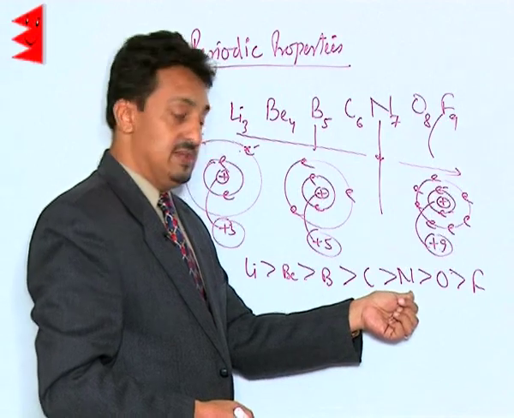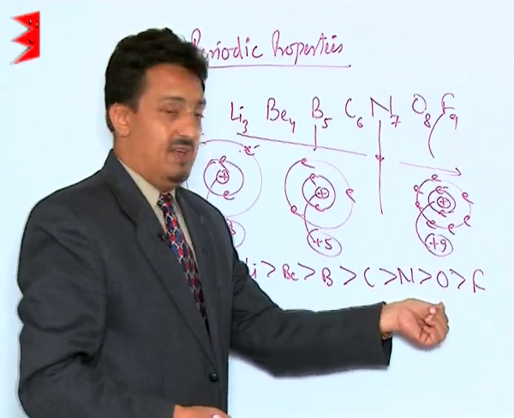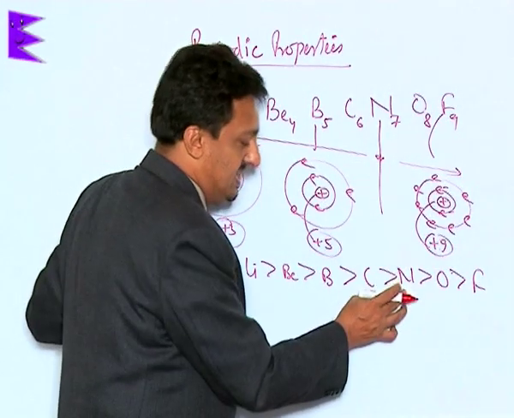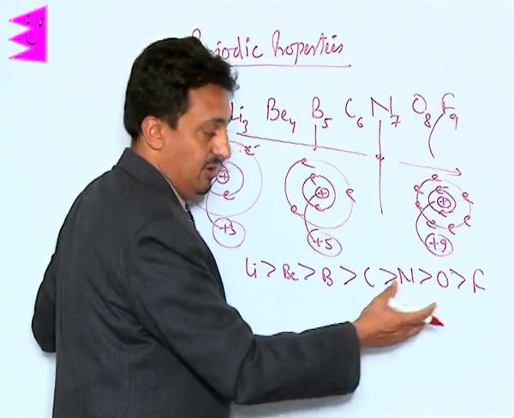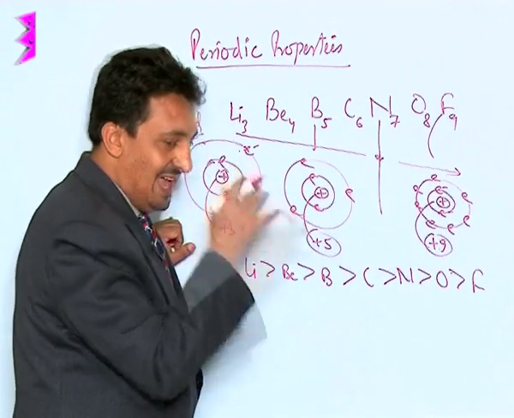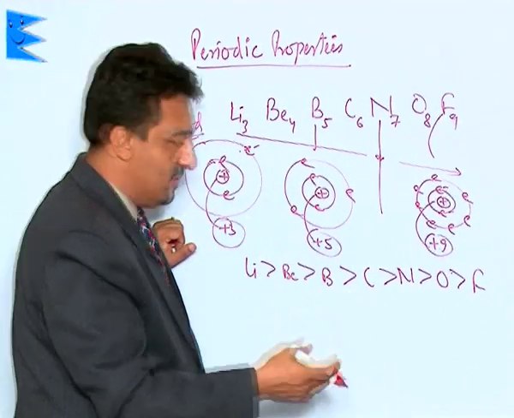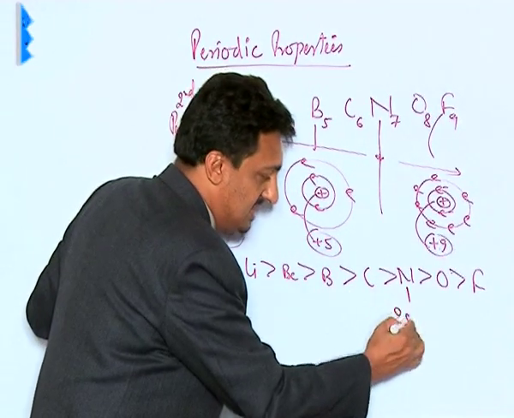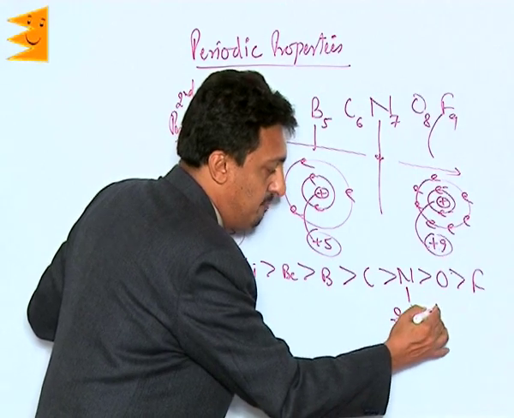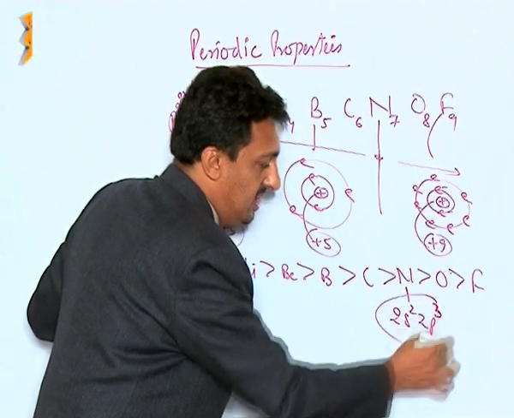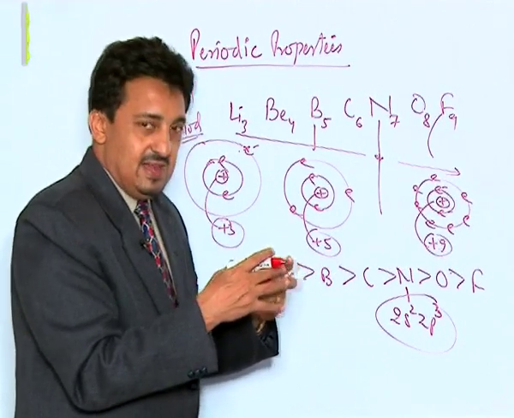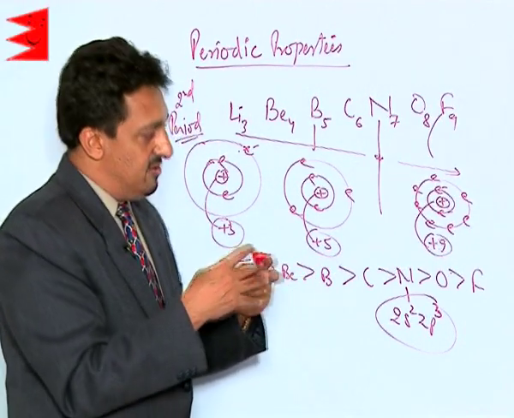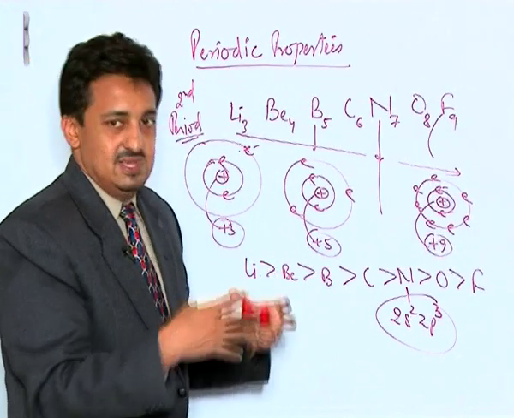Of course, nitrogen is smaller than carbon, but the difference between these two is not like the usual one. Nitrogen is slightly bigger than the expected value. The reason is it has a half-filled 2p3 configuration. As a result, these 3 electrons have more inter-electronic repulsions, so they require a little bit larger size.